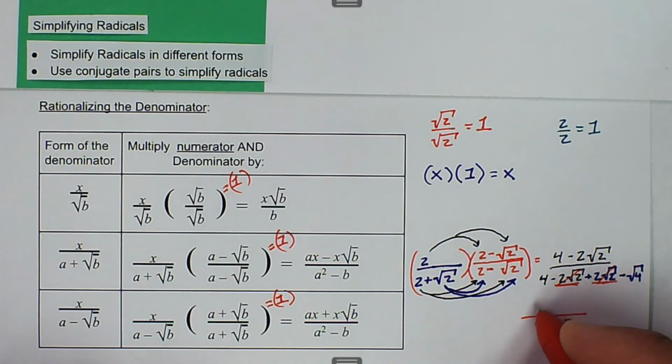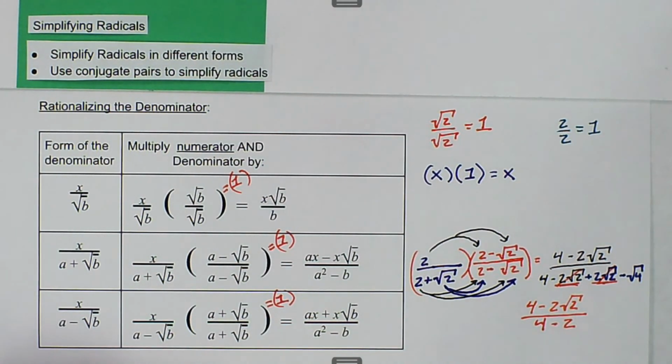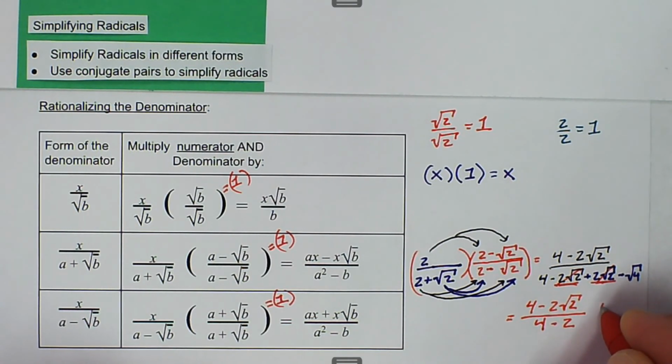That just stays as it is. So 4 minus 2 square root of 2. And then we can keep simplifying from there. In the numerator, we can't do anything with that right now. So that's just left as 4 minus 2 square root of 2.